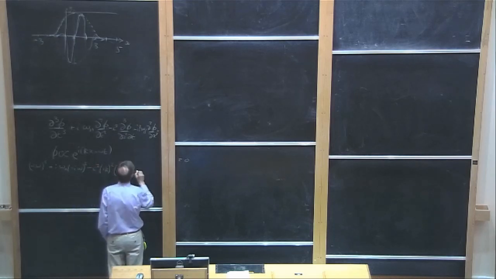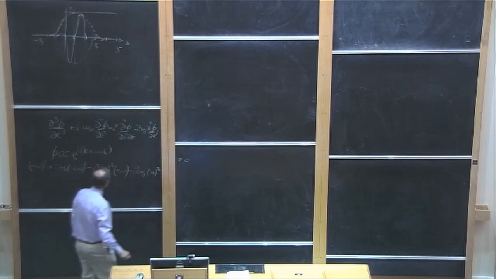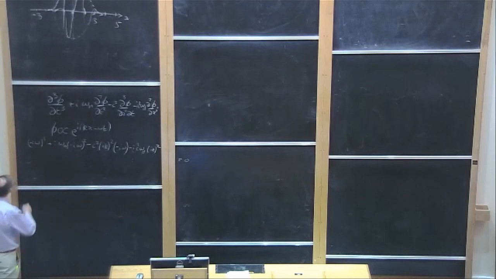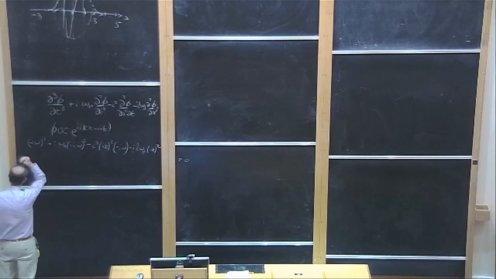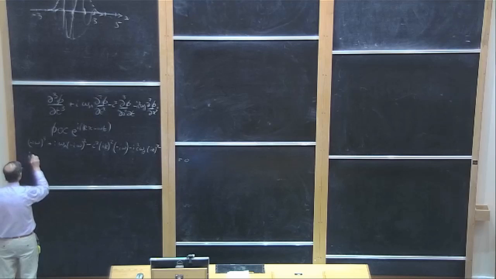minus i c squared omega d (ik) squared. So we just take a deep breath and multiply out all the i's. Minus cubed is minus, i cubed is minus i, so that I think is i omega cubed.